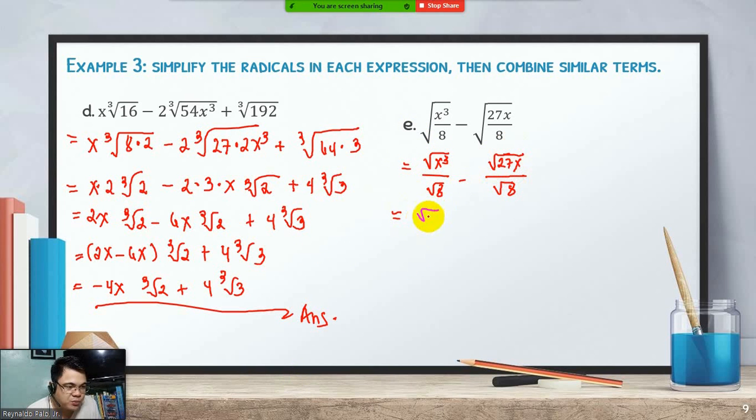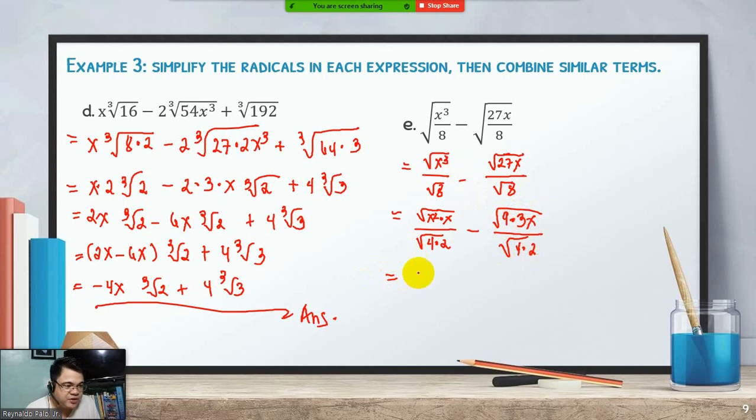We have cube root of x squared times x over cube root of 4 times 2 minus cube root of it's a square root, sorry. We have square root of 27x, so this will be 9 times 3x over square root of 4 times 2.